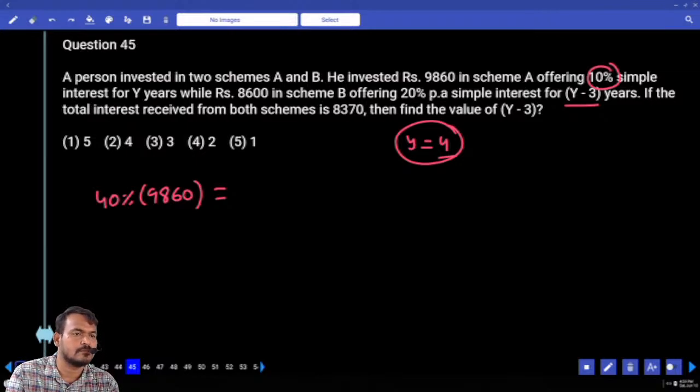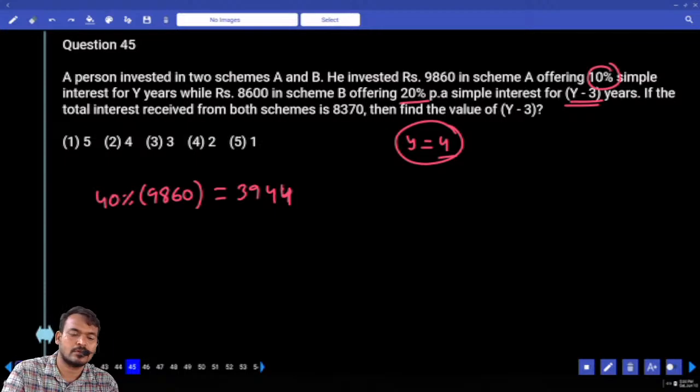What is the 10%? 986. 20%? 1972. 80%? 3944. Next, the second one, Y minus 3 years, 4 minus 3 is 1 year.